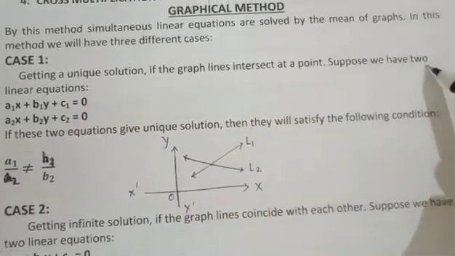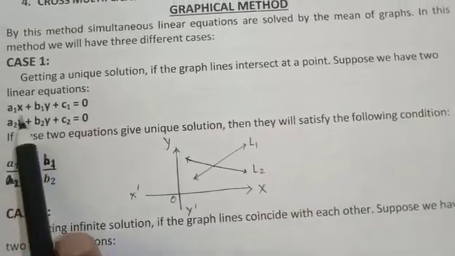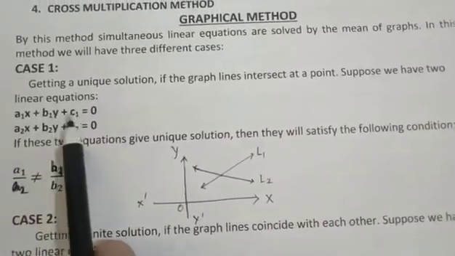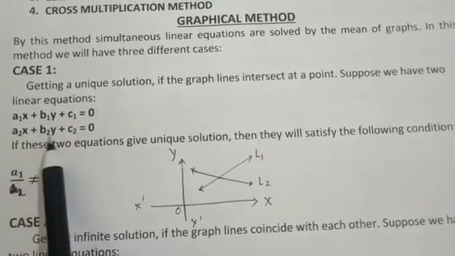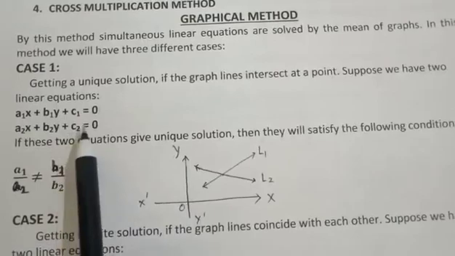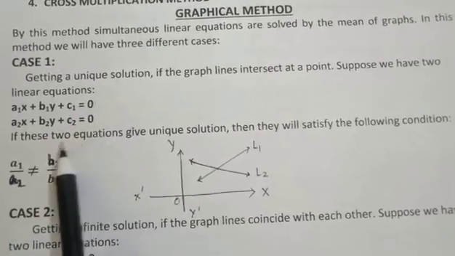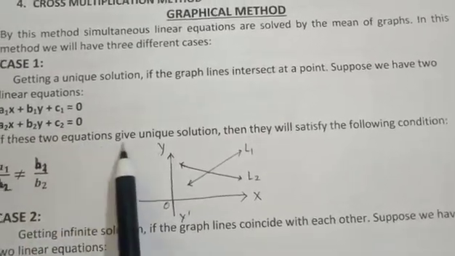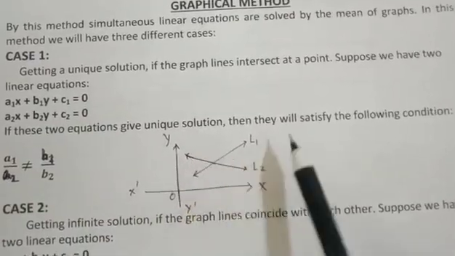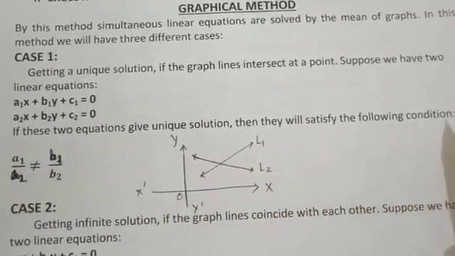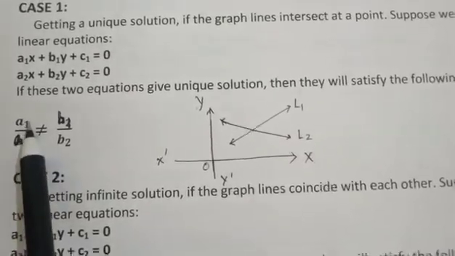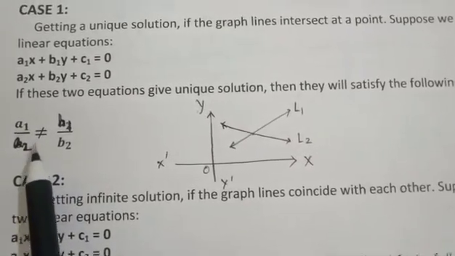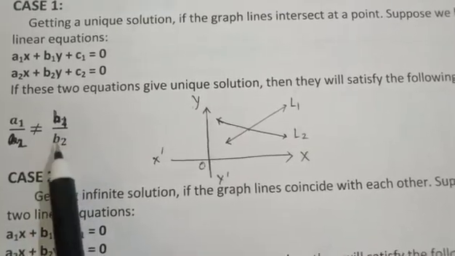Suppose we have two linear equations, a1x plus b1y plus c1 is equal to 0, a2x plus b2y plus c2 equal to 0. If these two equations give a unique solution, then they will satisfy the following condition. And the condition is a1 by a2 not equal to b1 by b2.